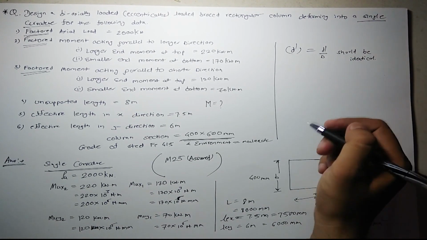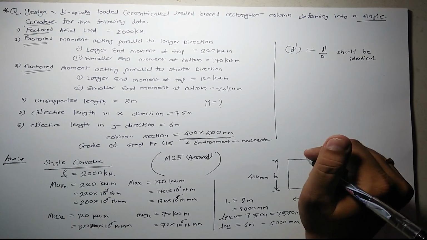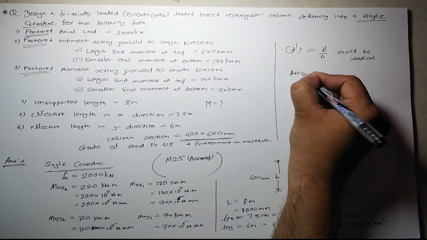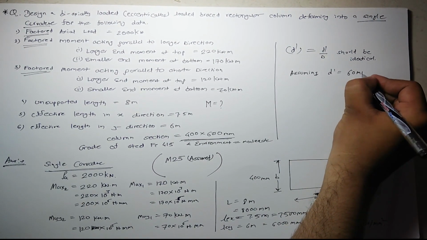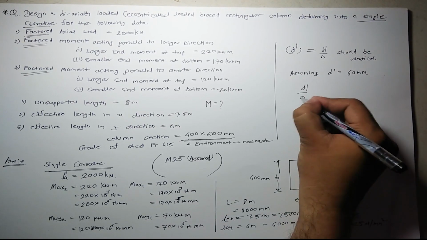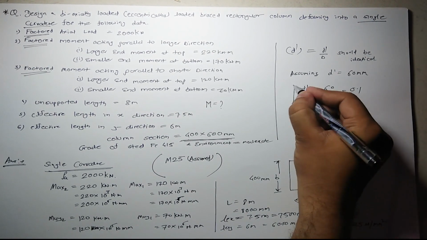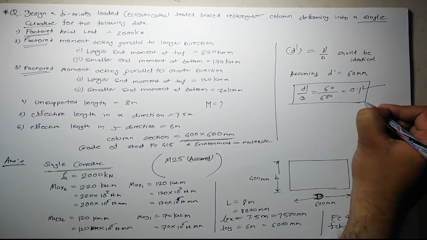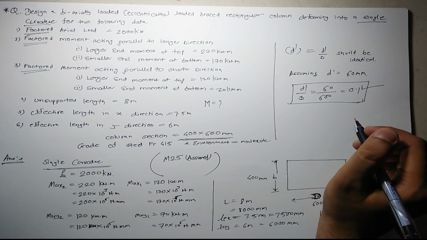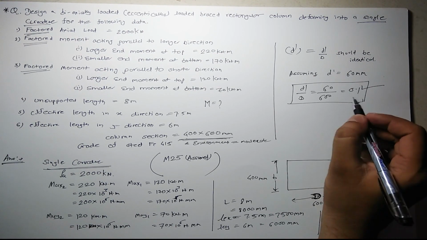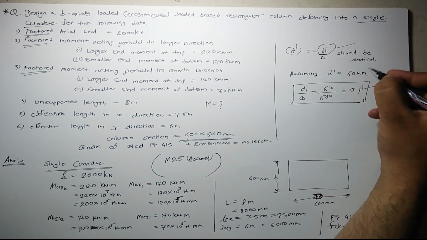Here we have 600, so 0.1, we have a chart, so we'll assume d dash equals 60 mm. So d dash by D, 60 by 600, should be 0.1. This value will be useful for further calculation, so we need to be very meticulous regarding its selection.